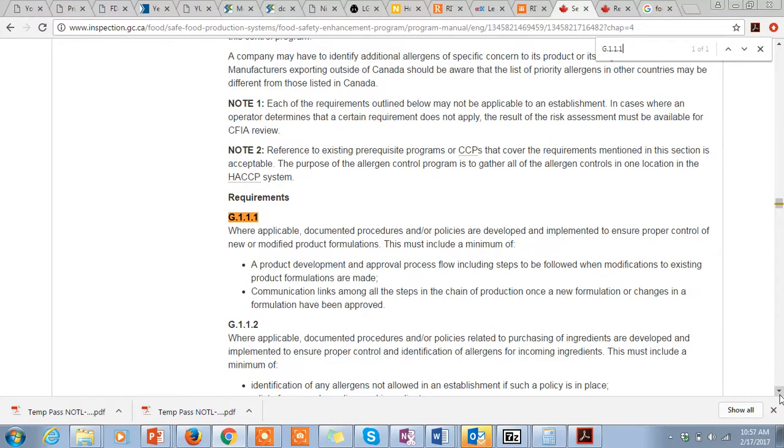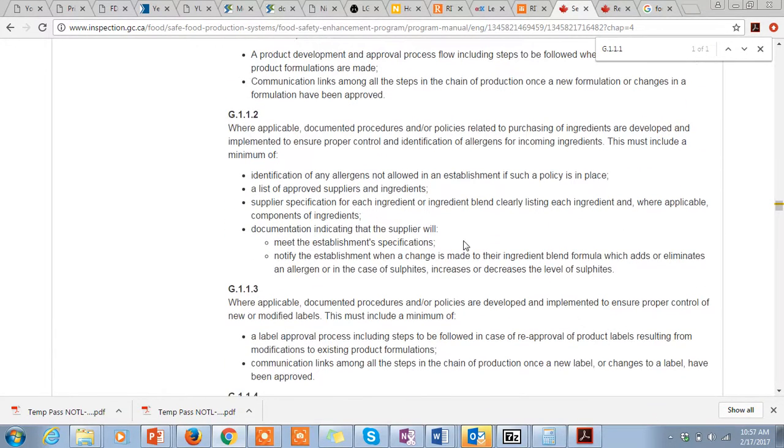You could argue that it is B211 and make sure that incoming product meets the standard that you require. But it could also be G112, where documented procedures and policies related to purchasing of ingredients are developed to ensure proper control and identification of allergens for incoming ingredients. So in many cases you may have a variety.